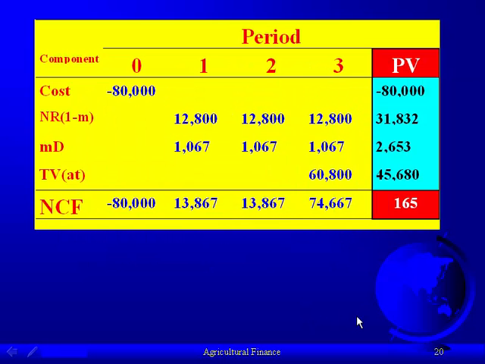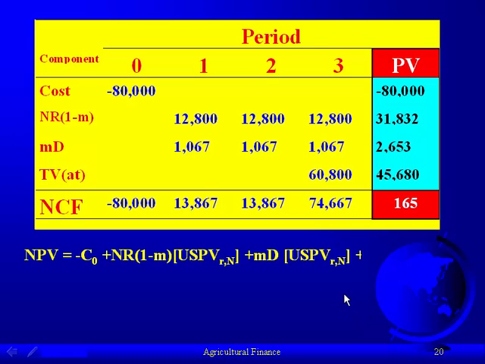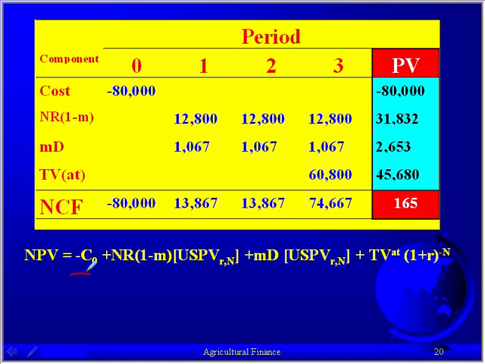Pulling back the worksheet that we had to calculate the net present value for the irrigation system, we see that we can write the net present value in notational form, where we have the initial cost, we have the present value of the after-tax net returns, we have the present value of the tax savings from depreciation, and we have the present value of the after-tax terminal value.